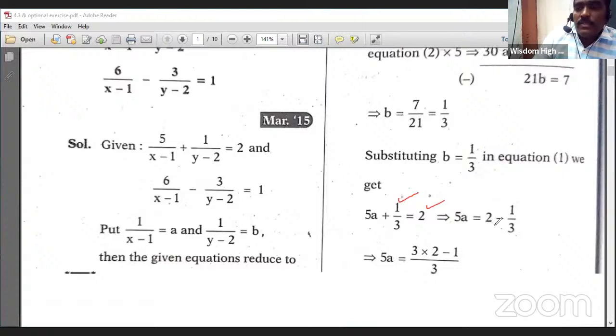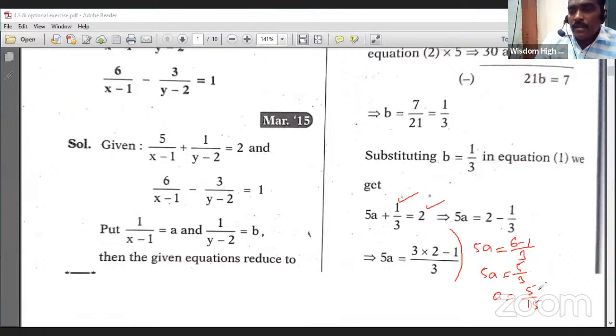Now 5a is equal to 2 minus 1 by 3. That we are transposing. After that, 5a is equal to 2 3s are 6 minus 1 by 3, 5a is equal to 5 by 3. Then a is equal to 5 by 15. Now 5 1s are 5, 5 3s are 15, a is equal to 1 by 3.